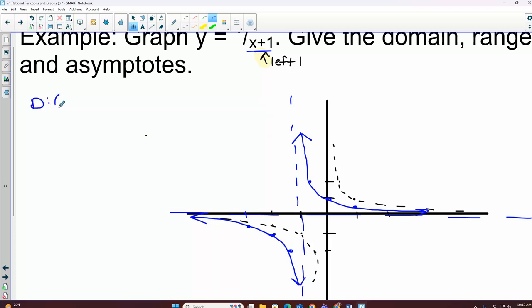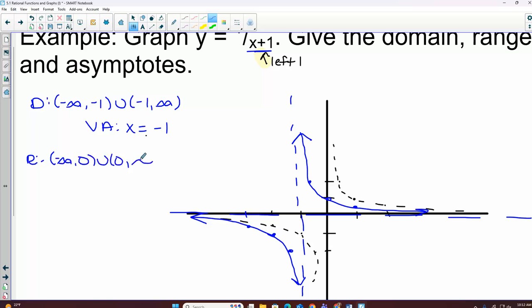So my domain, we said, was everything except -1. And that meant we had a vertical asymptote at -1. My range was everything except 0. And that's because we have a horizontal asymptote at 0. But if we moved our graph up or down, that could move our horizontal asymptote.